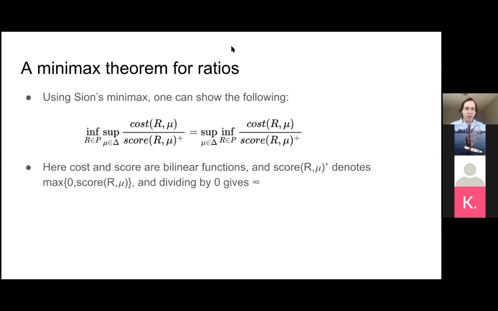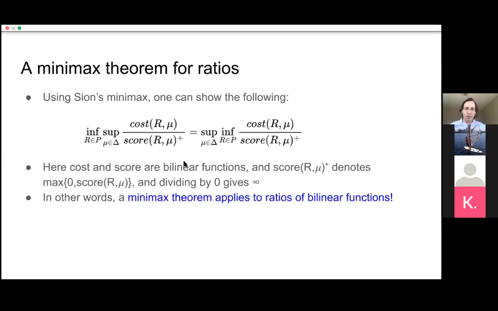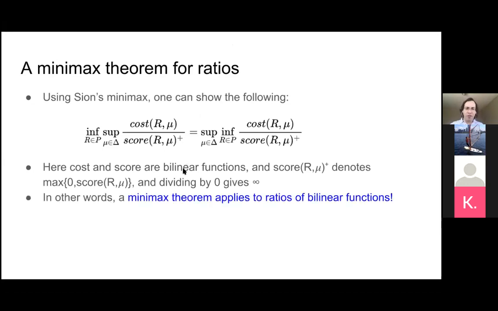And also, we interpret division by 0 to give infinity. So in other words, it's just a general minimax for the ratio of bilinear functions, and it follows from Sion's minimax. And it even works if they're what's called saddle functions, which is a generalization of bilinearity.